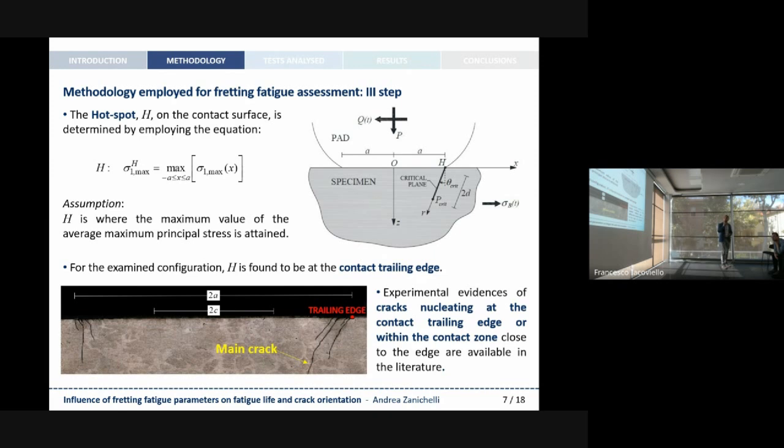And this is in accordance with the fact that the main crack should nucleate in correspondence of a stress concentration region. As far as we consider experimental campaigns available in the literature, cracks generally have been found to nucleate at the contact trailing edge or very close to the contact trailing edge, just within the contact zone.